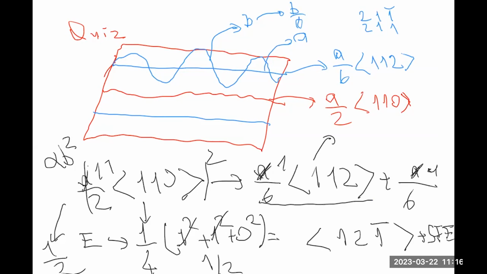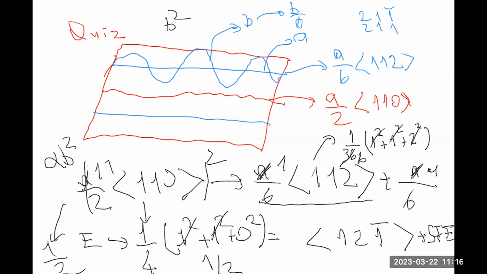1/6. So we are taking b squared, not 6, right? 1/6 squared is 1/36. Okay. 1 squared plus 1 squared plus 2 squared, which is 1 plus 1 plus 4, 6. 6 over 36 is 1/6.